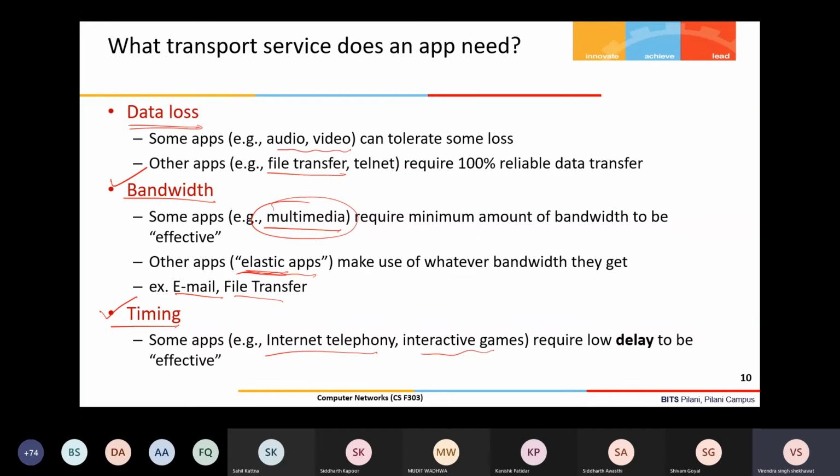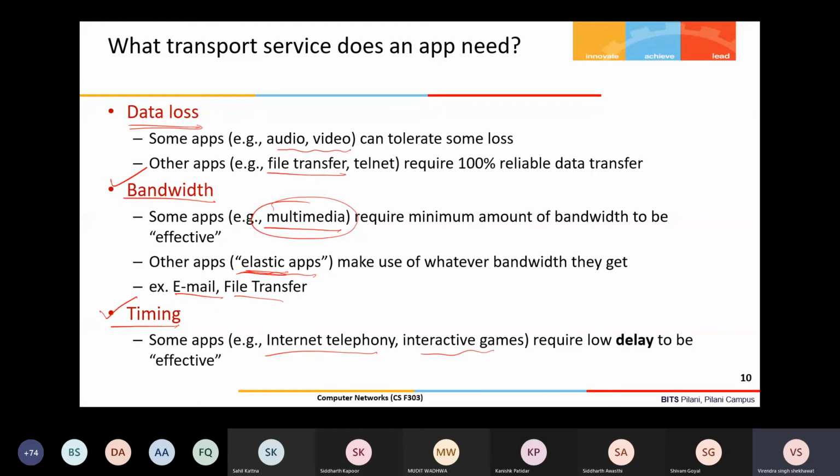If I did something on my side in an interactive game and it is reflected on your side after two minutes, then that's not going to work. You would say this game is not good, or the service is not good.